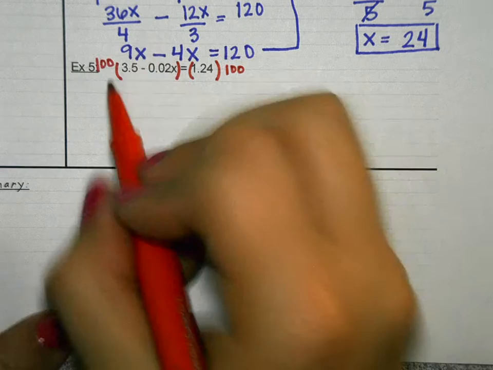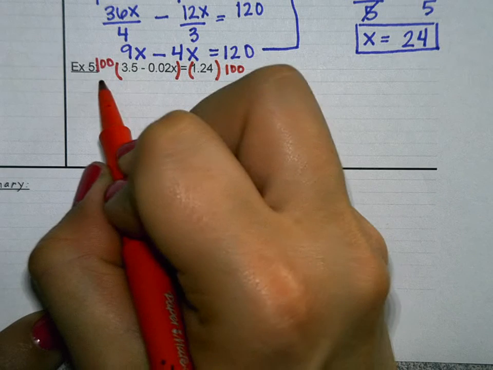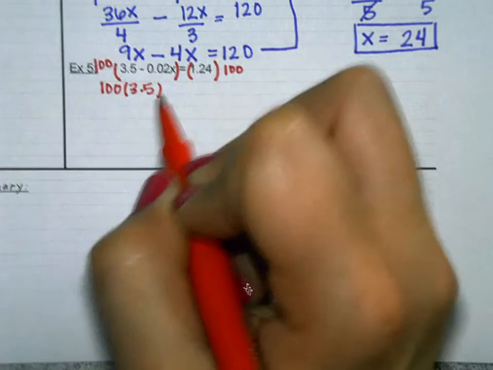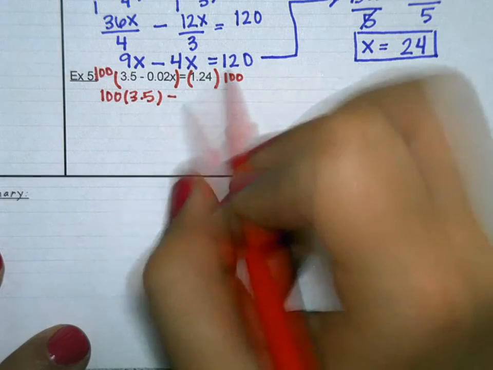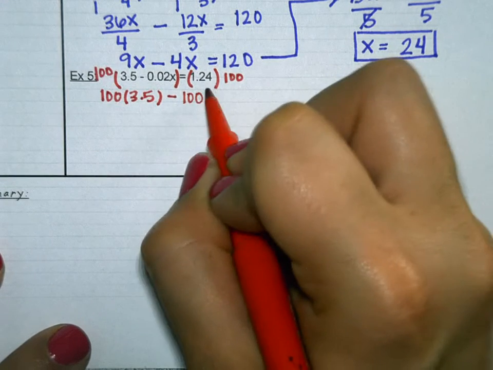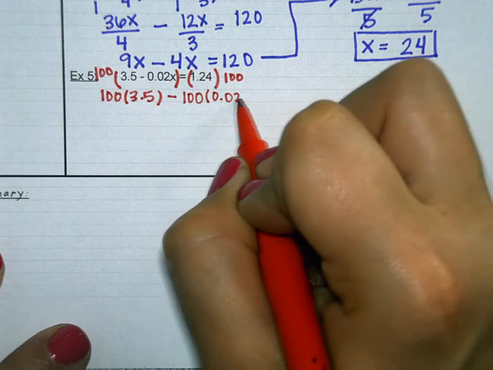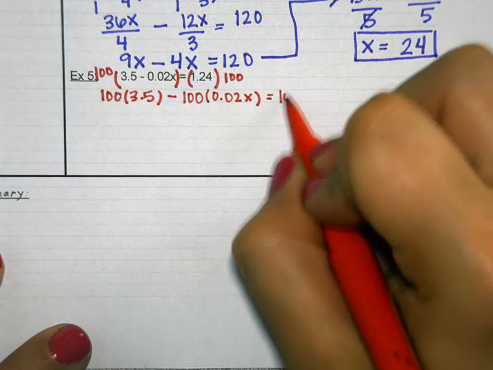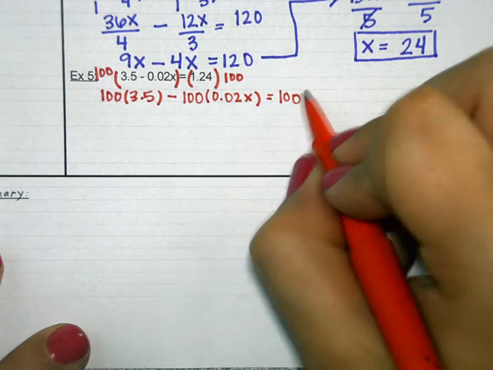I can use the distributive property on the left. So that gives me 100 times 3.5 minus 100 times 0.02x equals 100 times 1.24.